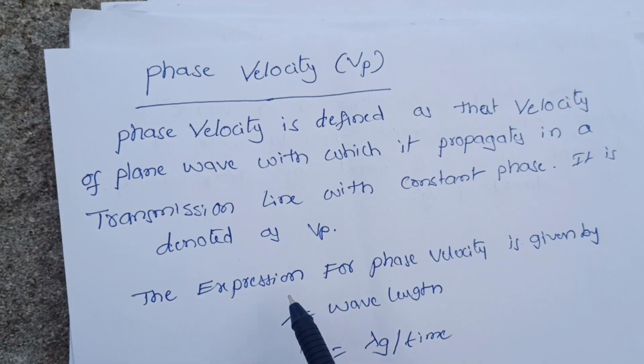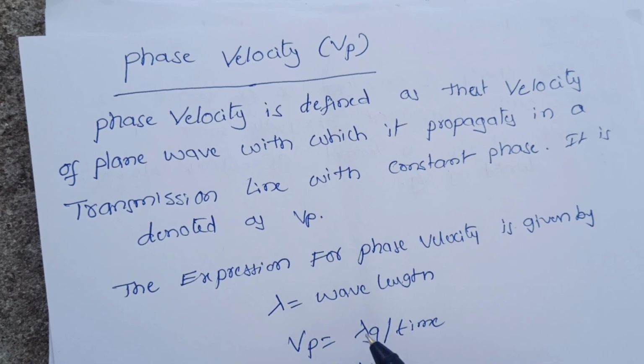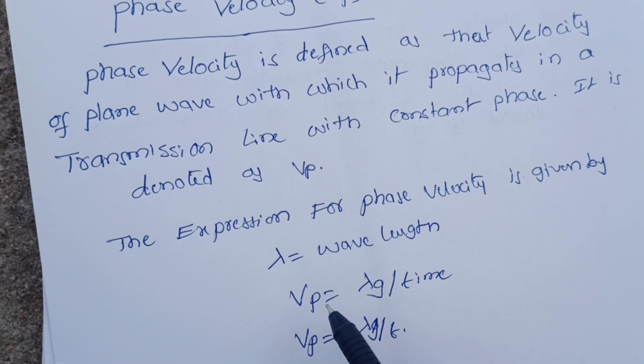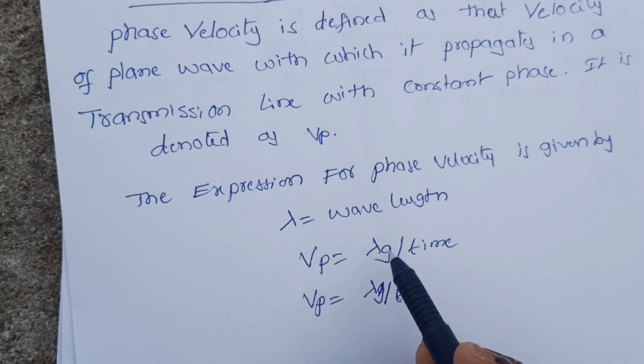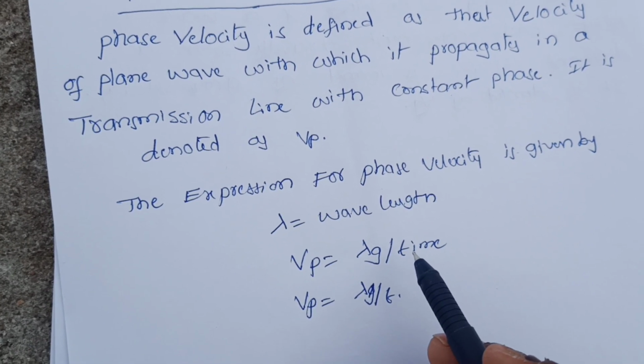And here is the expression for the phase velocity. If lambda is wavelength, then the expression for phase velocity v suffix p is equal to lambda g by time t, where lambda g is the guided wavelength.